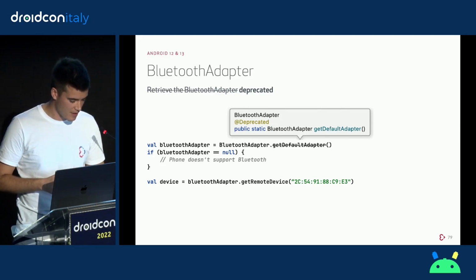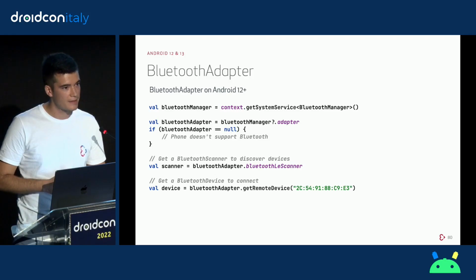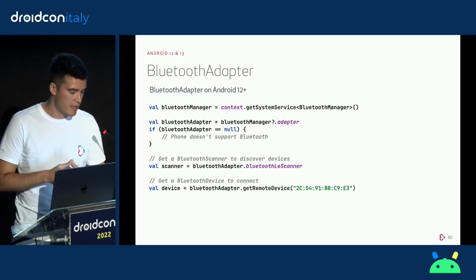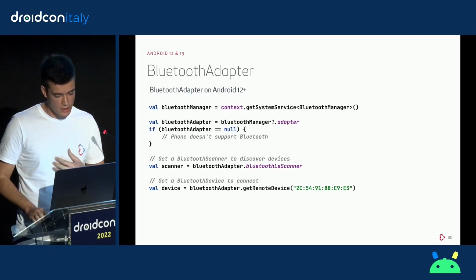Instead, you can use the good old context, and via the getSystemService method, you can get an instance of the BluetoothManager, and from that you can get the adapter. So that's the new way. I mean, it's not really new, but that's the preferred way to do that now. So the Bluetooth adapter is tied to the context, okay? And then once you have it, you can do whatever you want with it, like we saw in the previous slides.